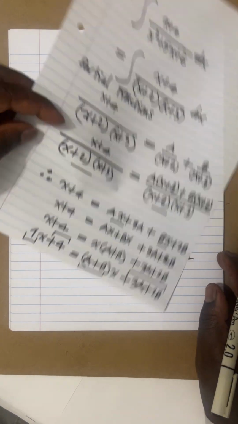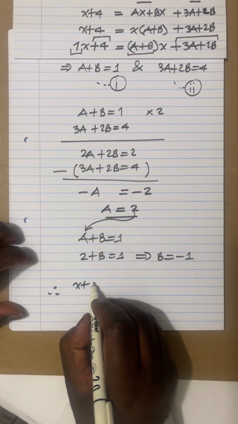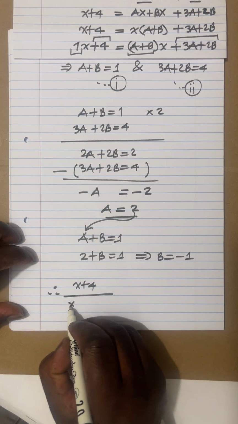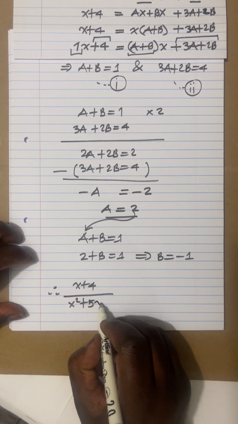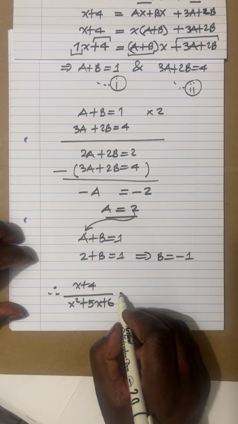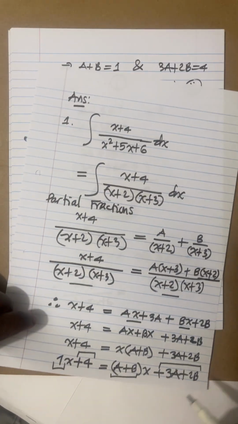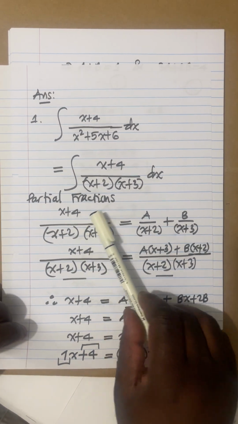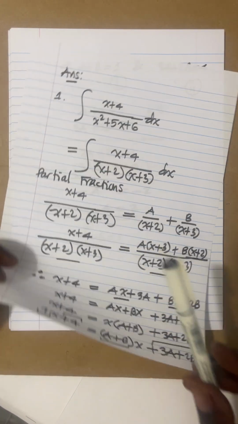So now we're going to say, therefore, x plus 4 all over x squared plus 5x plus 6. We factorized this expression underneath there into x plus 2 and x plus 3.